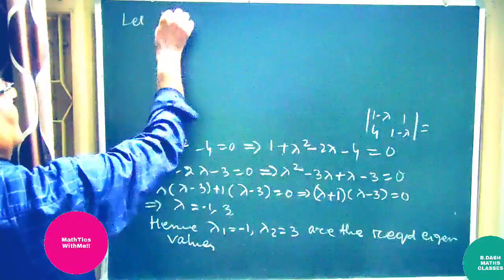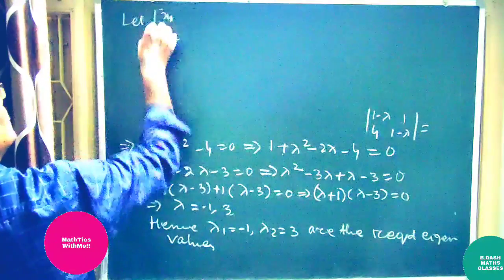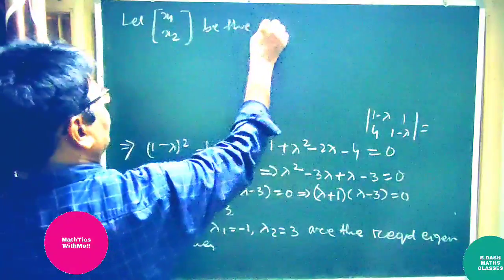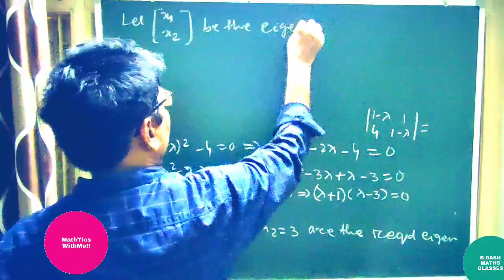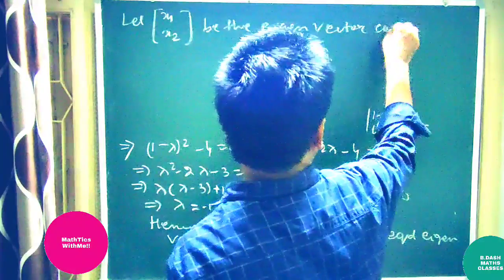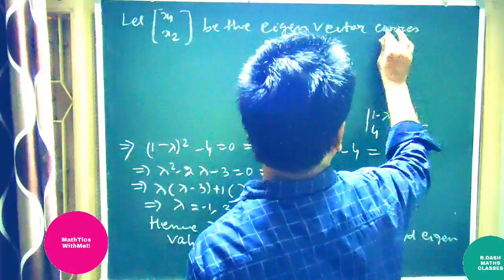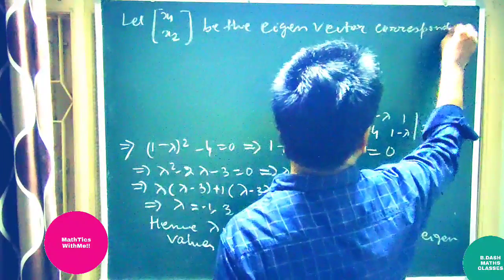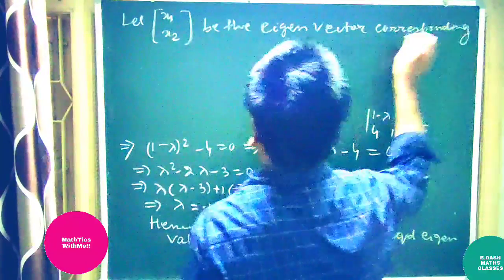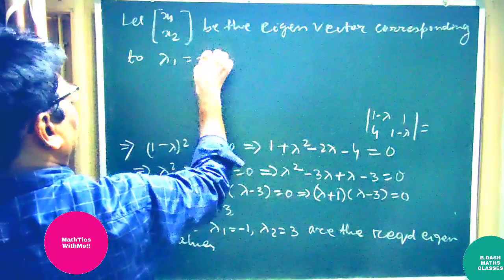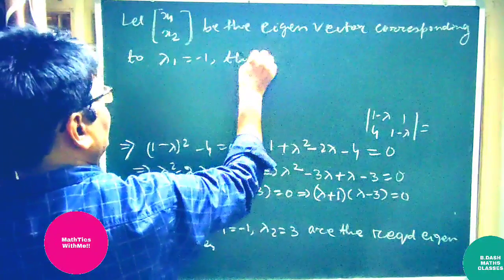Let [x1, x2] be the eigenvector corresponding to lambda 1 is equal to minus 1.